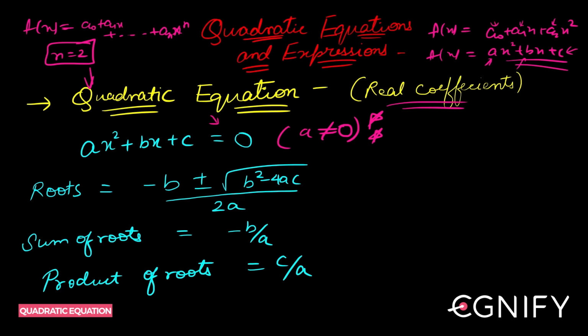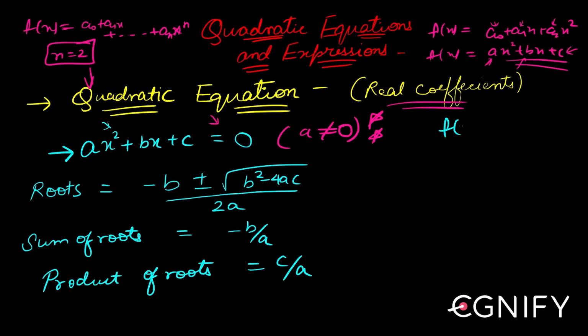Now, because this is an equation, this equation has roots, right? Roots in the sense those values of x which will satisfy this equation. So because it's a quadratic equation with degree 2, the maximum number of roots that it can have is 2.